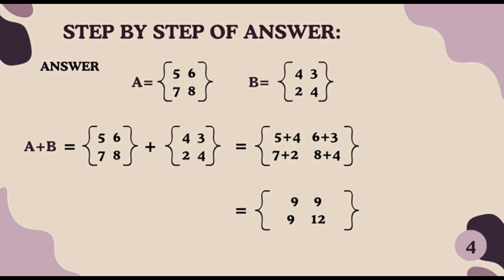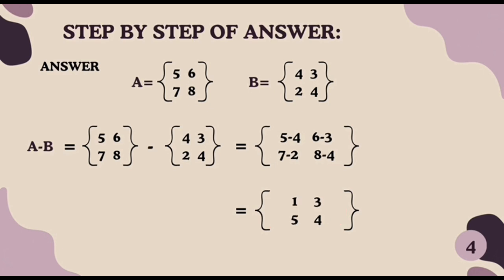Add each element of matrix A to matrix B. Let's start with 5 plus 4, 6 plus 3, 7 plus 2, 8 plus 4, and after that, let's simplify each element. 5 plus 4 is 9, 6 plus 3 is 9, 7 plus 2 is 9, and 8 plus 4 is equal to 12. And now, the matrix of A plus B is equal to 9, 9, 9, 12.